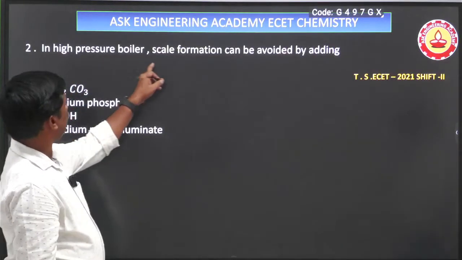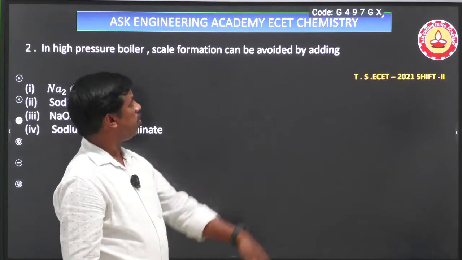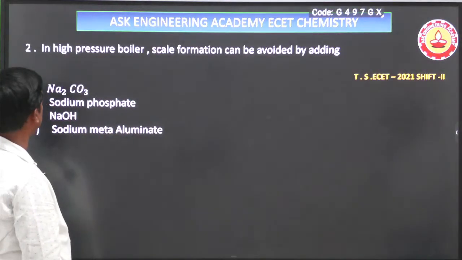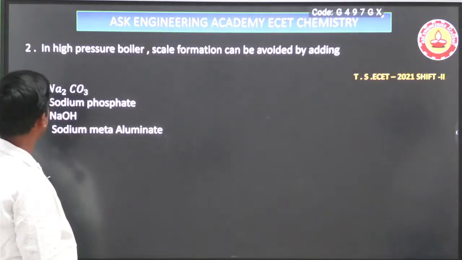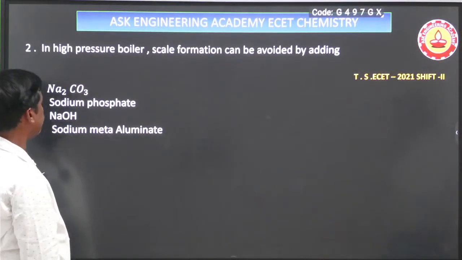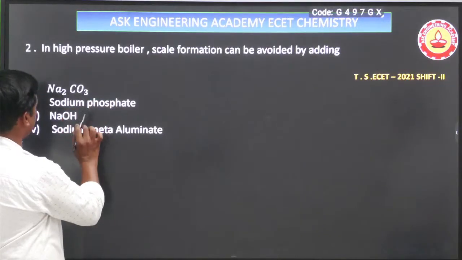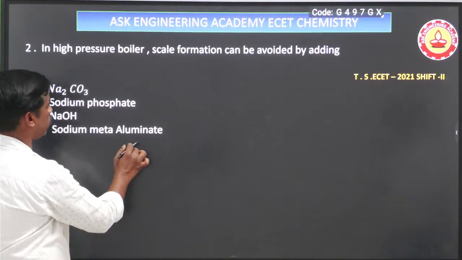In high pressure boilers, scale formation can be avoided by adding what? Sodium phosphate. Sodium carbonate is not, sodium hydroxide is not, sodium meta-aluminate is not.